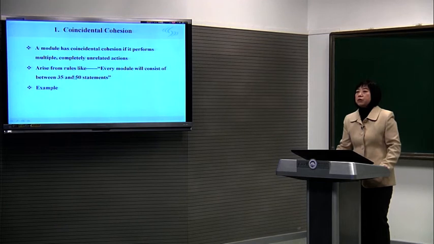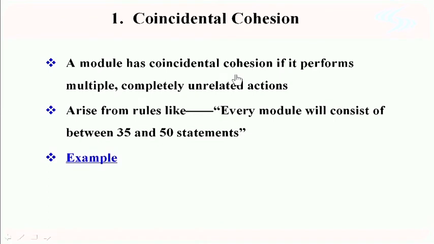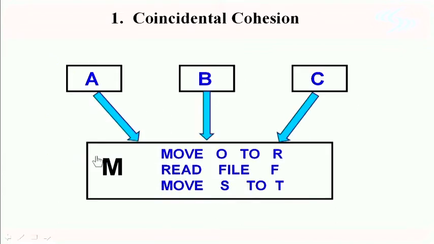First, coincidental coherence. A module has coincidental coherence if it performs multiple completely unrelated actions. Sometimes programmers think that every module should consist of between 35 and 50 statements. For example, he found that in Module A, Module B, and Module C, there is such a sequence of statements.